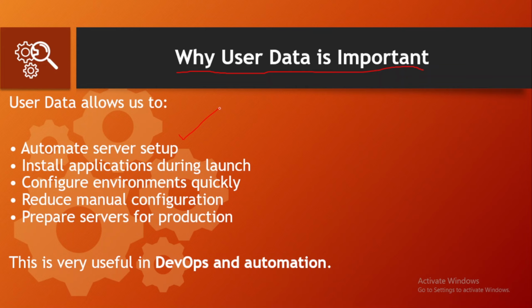With user data, we can automatically start up the server, install required applications during launch, configure the environment quickly, and prepare servers for production. This is very useful in DevOps and automation.